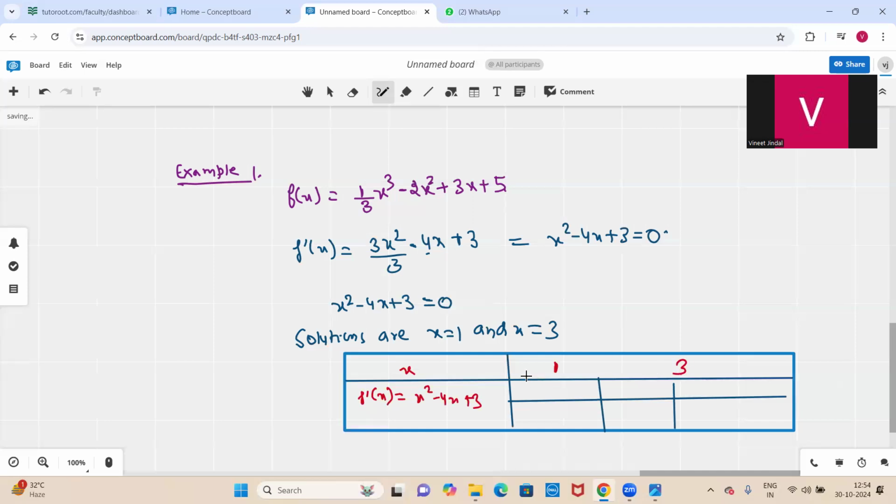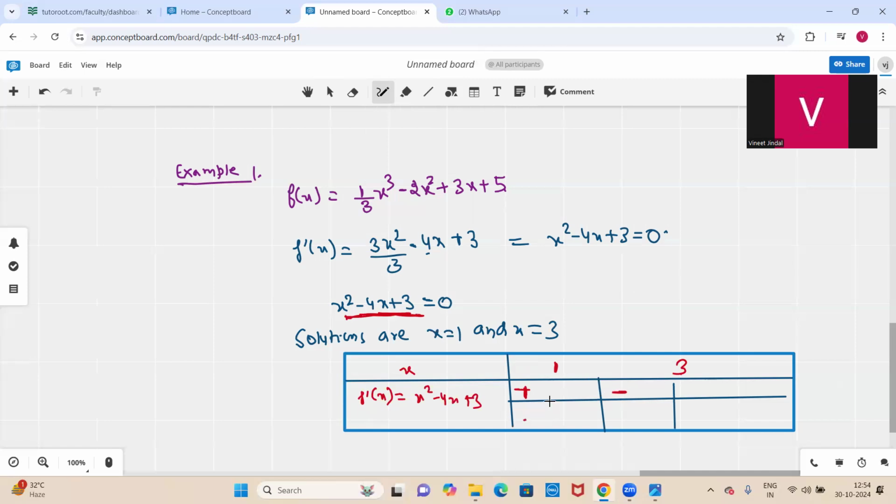So you just insert any value which is less than 1. Suppose I insert 0.8. If I insert 0.8 into the derivative of the function, it comes out to be positive. If you insert any value greater than 1, like 1.1, the derivative comes out to be negative.